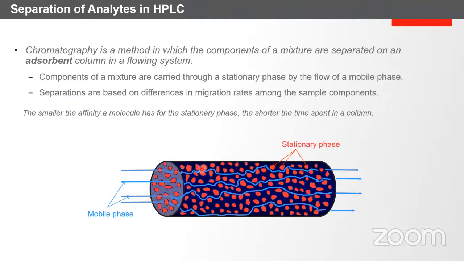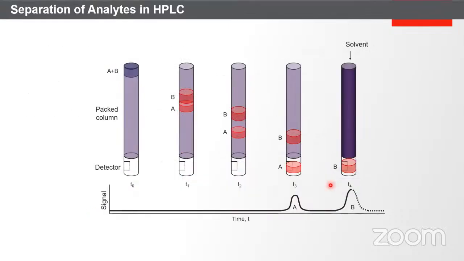Those molecules which interact with the stationary phase will be eluted later. Those which don't interact will be eluted faster. So once you pass your mobile phase through the stationary phase, you get them at different time points.